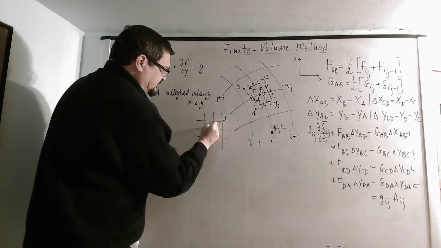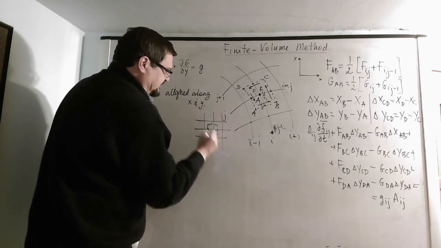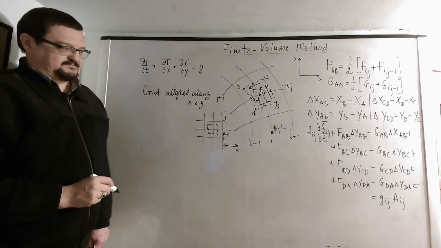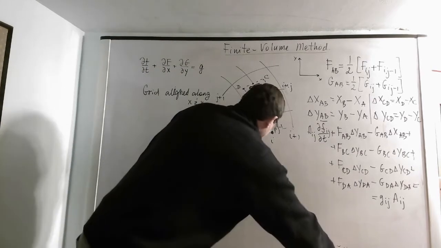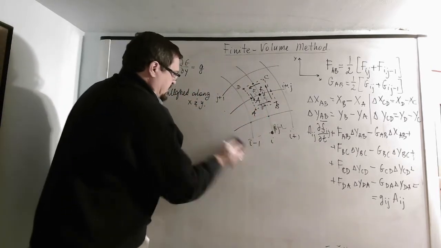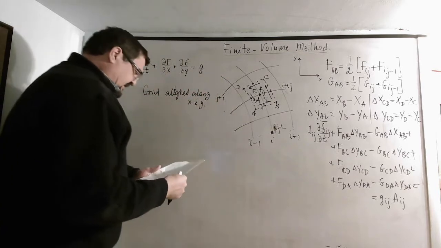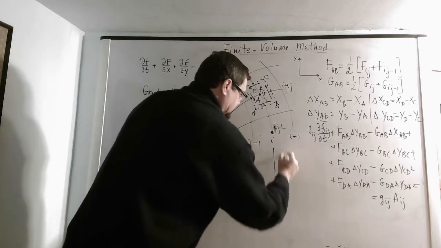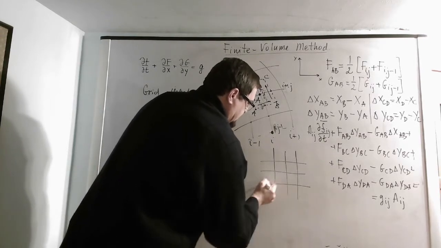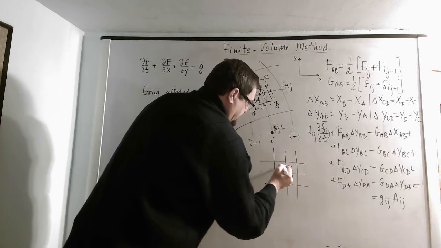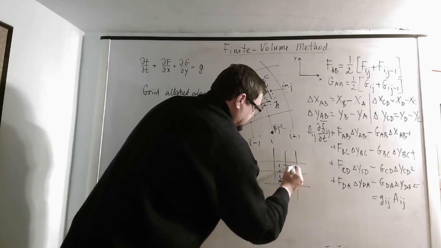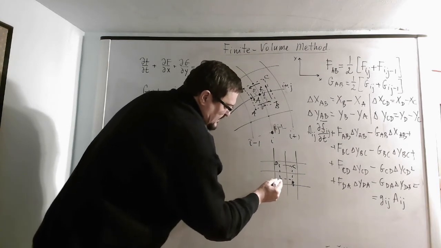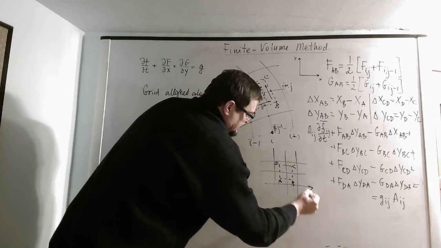In that case, our grid cell is going to be like this, and we have this normal coordinate system. So let's plot here. So this is again A, B, C, D. Now this is the x direction and this is the y direction.